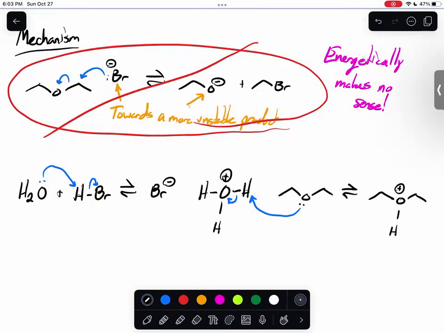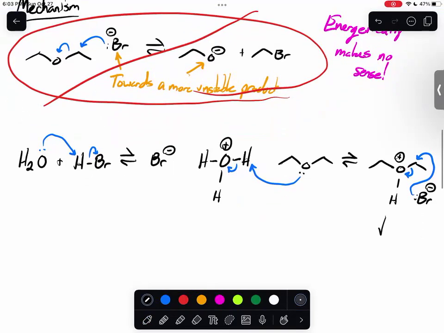This is now a good leaving group, right? Because upon our bromide coming in and doing a backside attack, what we'll see happen is we've kicked out a neutral oxygen. So we go from two charged species to having these two neutral species.